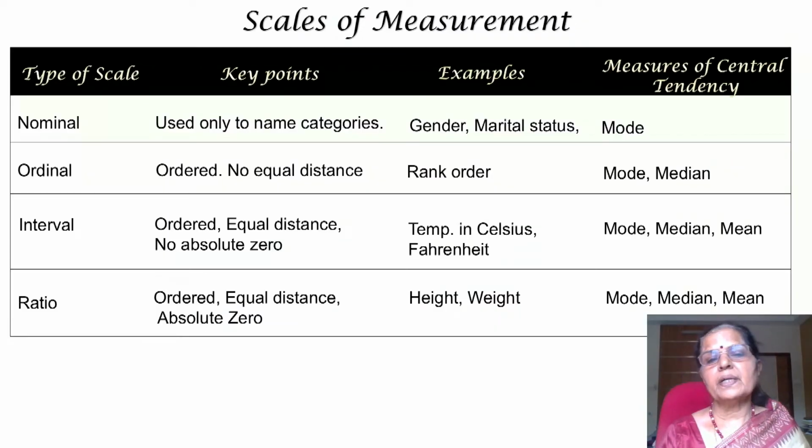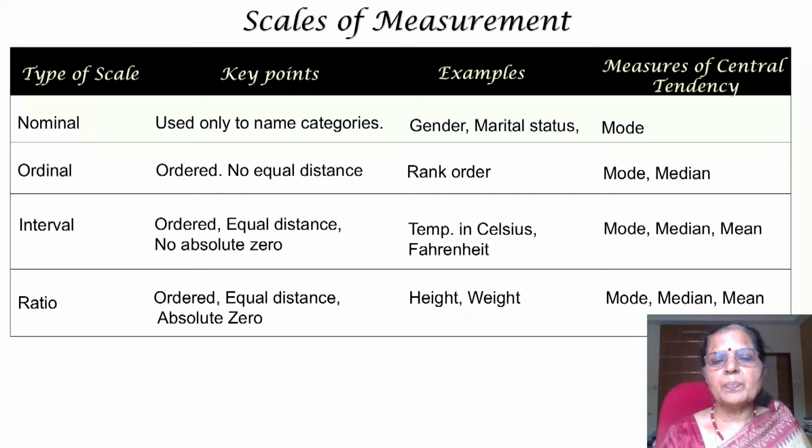Well, the 4 different scales used are nominal, ordinal, interval, and ratio. Starting from the nominal up to the ratio scale, it is in the increasing order of efficiency and accuracy.